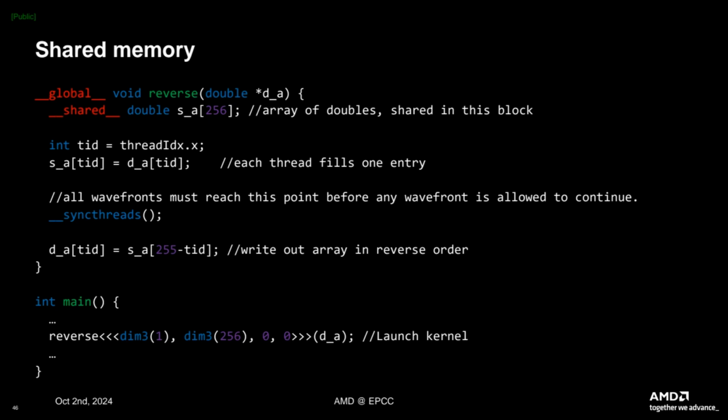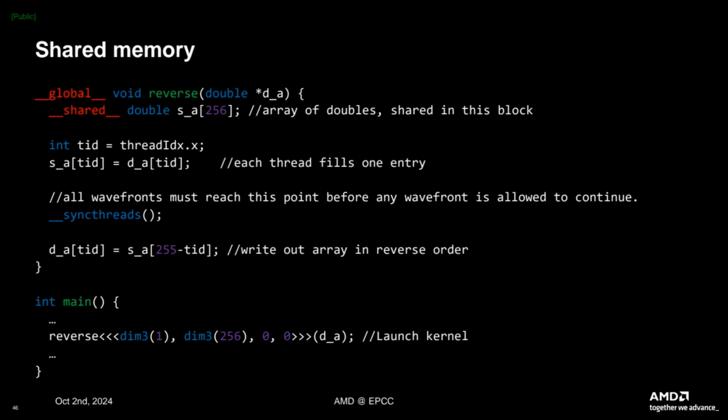But something that's very important here, and we should spend some time mentioning it, is that before we can copy back the data, we have to make this __syncthreads call, which basically is going to have all wavefronts wait until any of them can proceed to the next data movement.